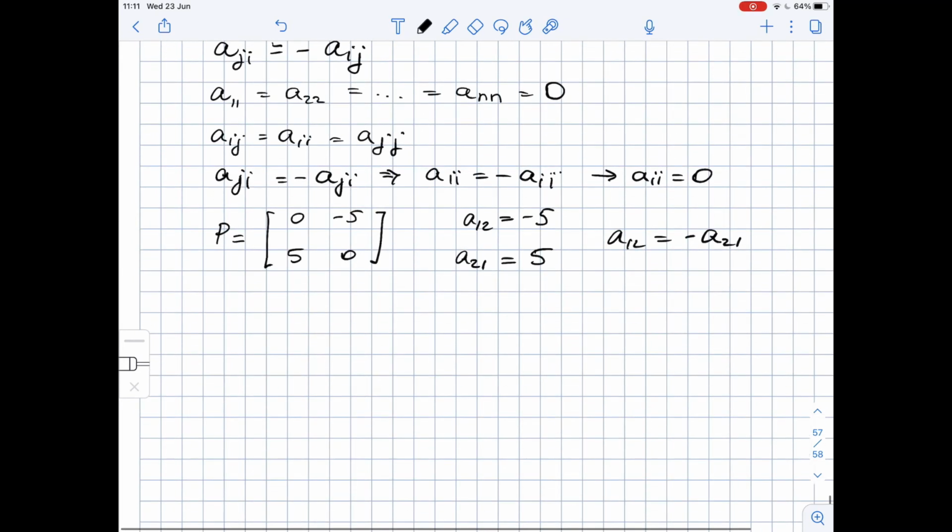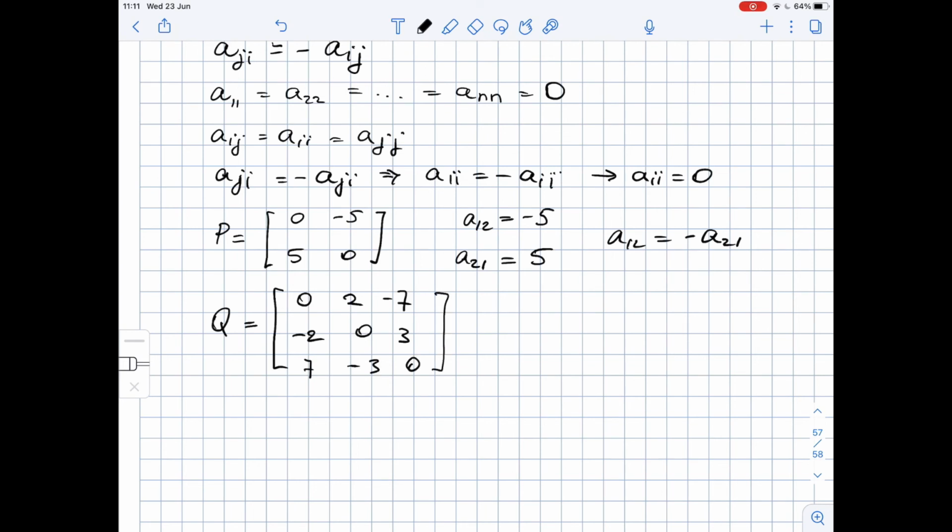Another example of a skew-symmetric matrix is matrix Q, which is a 3 by 3 matrix, and it consists of entries 0, 2, negative 7, negative 2, 0, 3, 7, negative 3, and 0.